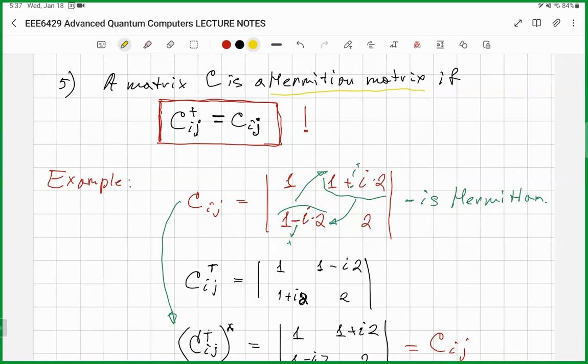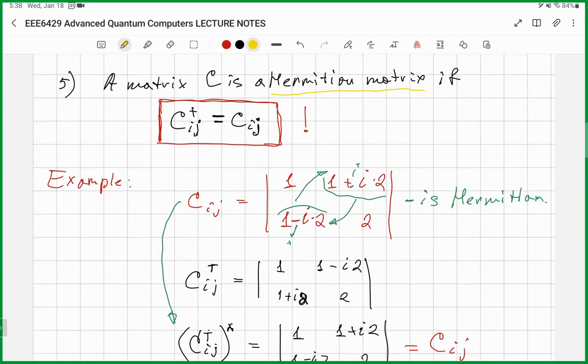Like any physical quantity that can be observed in reality, because what you observe in reality are real numbers. The coordinate cannot be a complex number. The velocity cannot be a complex number.